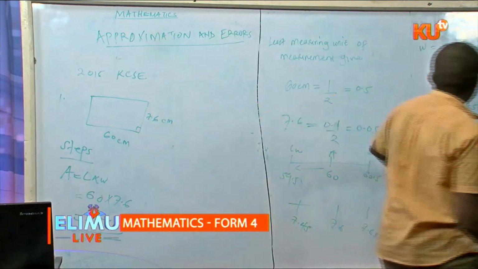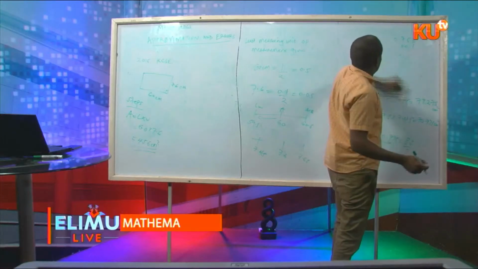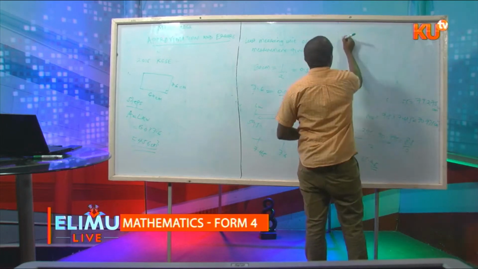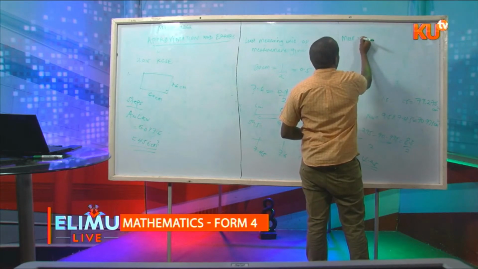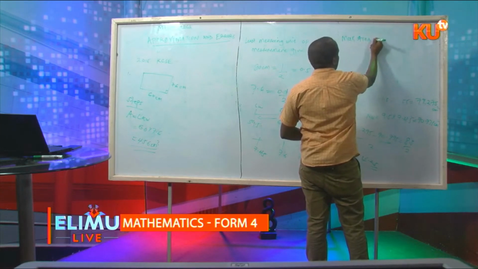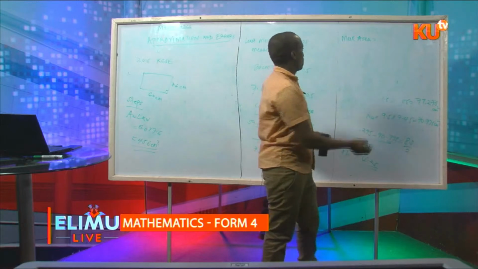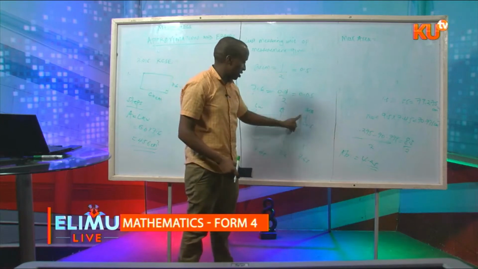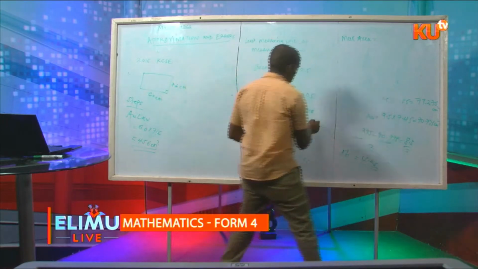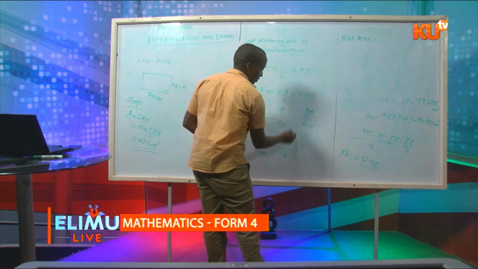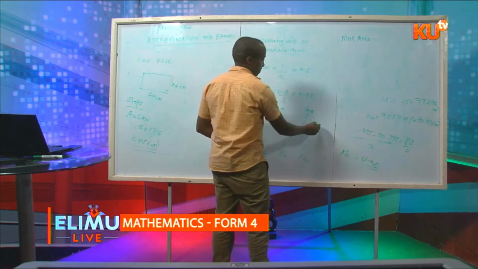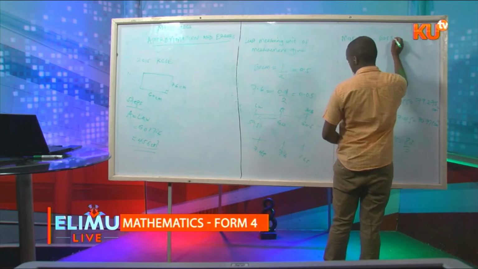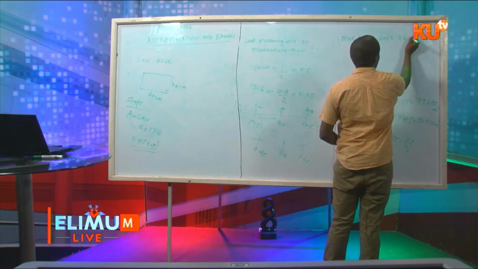So after that, now you are able to get our maximum area. Our maximum area, we said, is given by the upper bounds. The upper bounds for the two measurements give our maximum area, which will be 60.5 multiplied by 7.65.